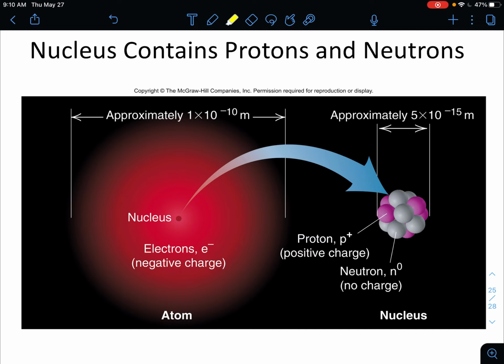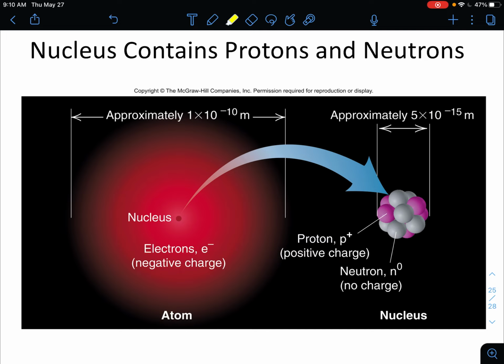This is a cool little cartoon I found that shows us what's going on. I guess we are here for now, right? We started with Dalton and his simple, solid, spherical model. We call it the billiard ball model.